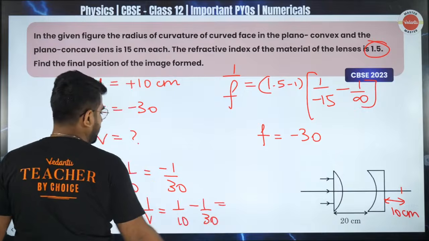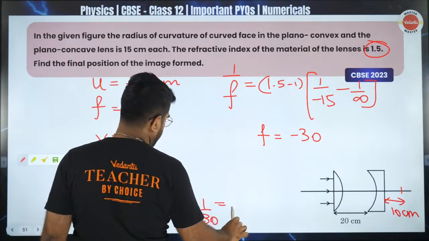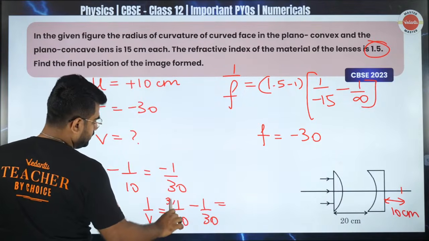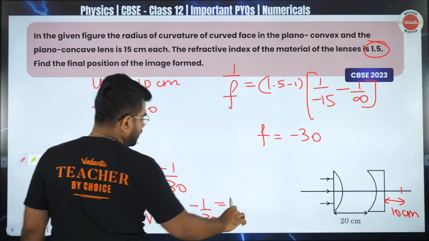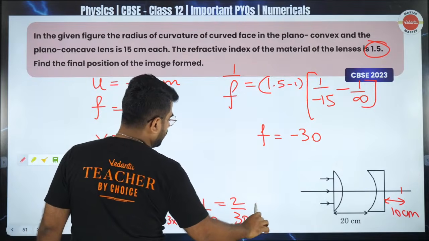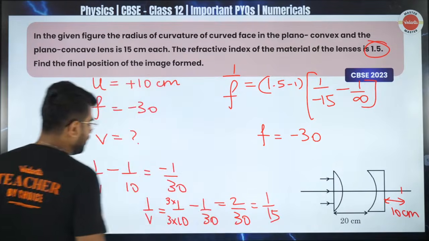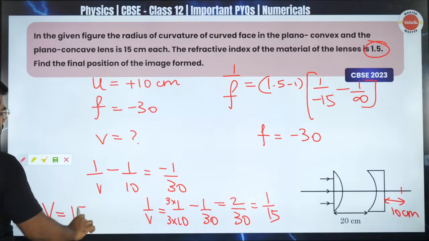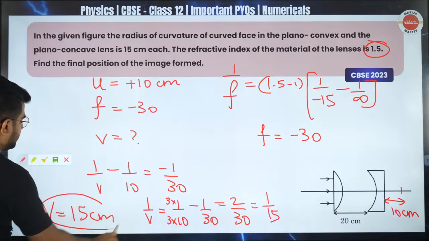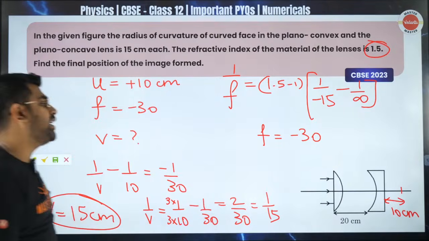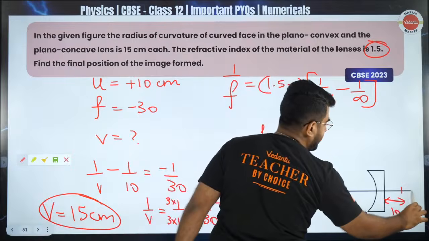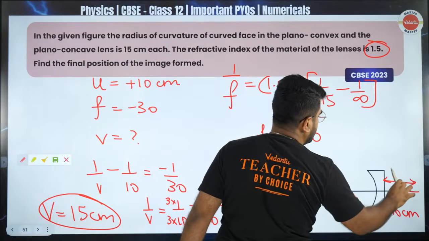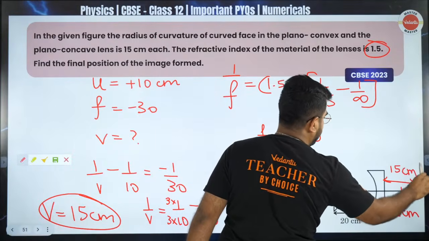Taking LCM, into 3, so 2 by 30 is equal to 1 by 15. So the final answer is V equal to 15 centimeter. That's the right answer. The final image will be 15 centimeter from the second lens.